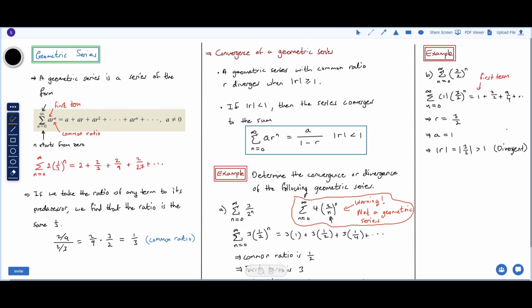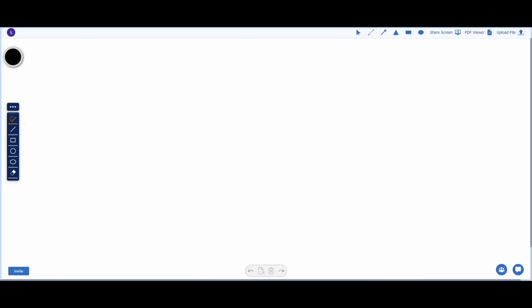Let's look at, all right. So here we're going to take a look at a few properties for infinite series.